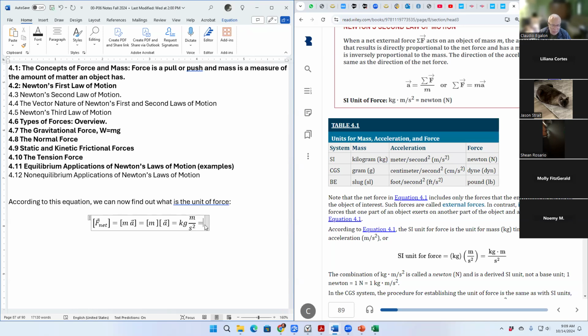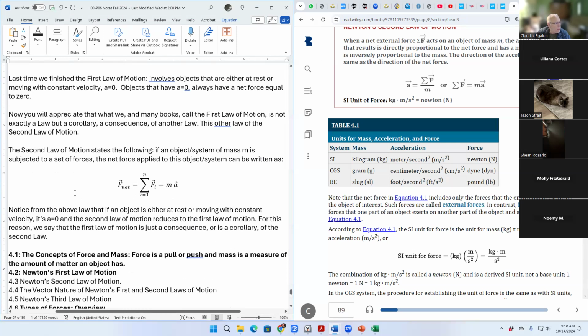We call it the Newton, N for Newton. That's the unit of our force, kilogram meter per second squared, which is also known as the Newton.